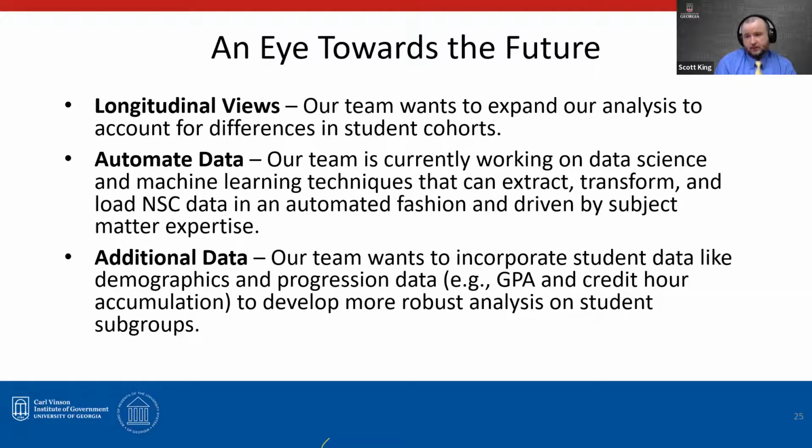So one of the things we hear a lot is that people want to study demographics and progression data. They want stuff like credit hour accumulation, GPA, so they can study how those fit into these patterns and thus have more robust analysis on things that they could do. And we're open to suggestions on any other ideas that you guys have if we've unlocked some ideas for you.